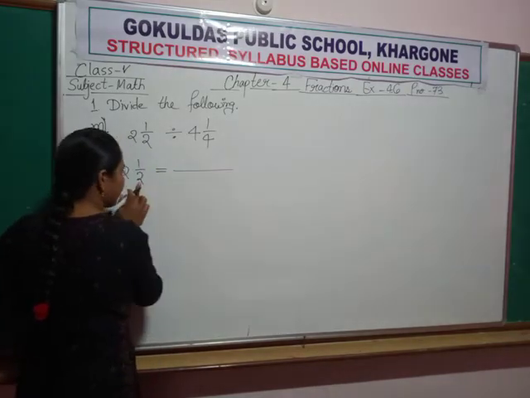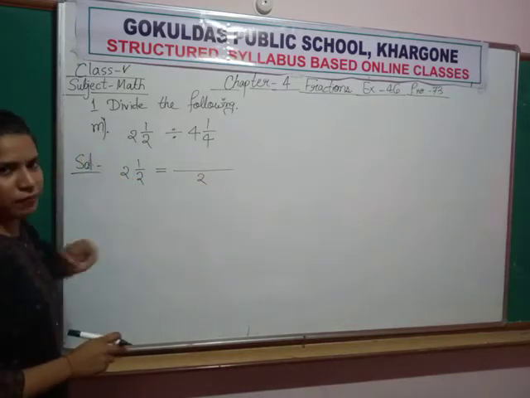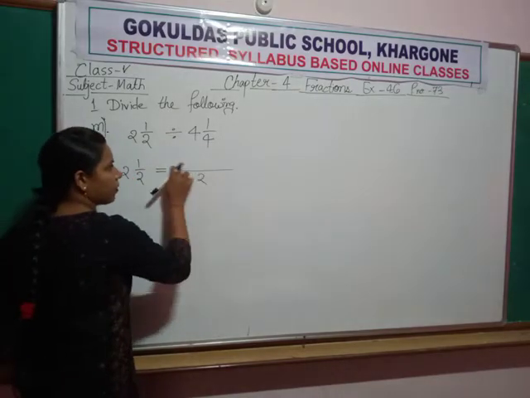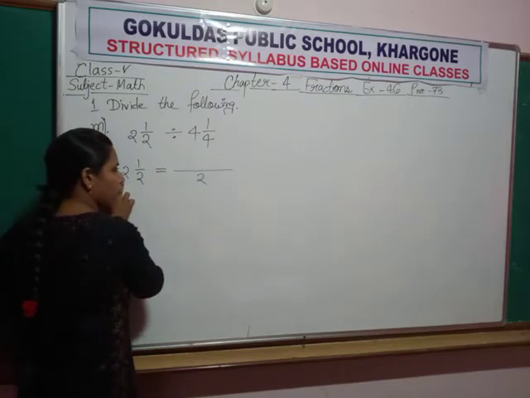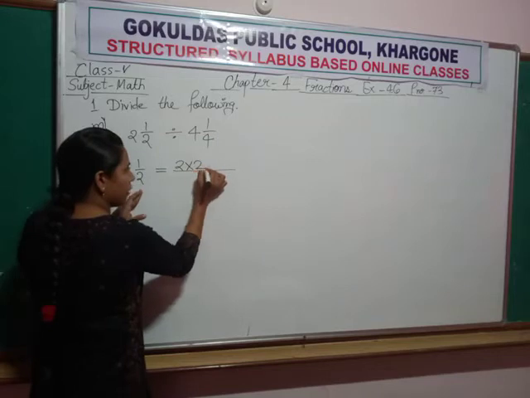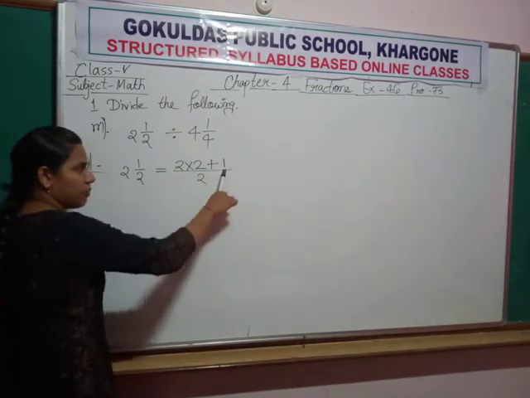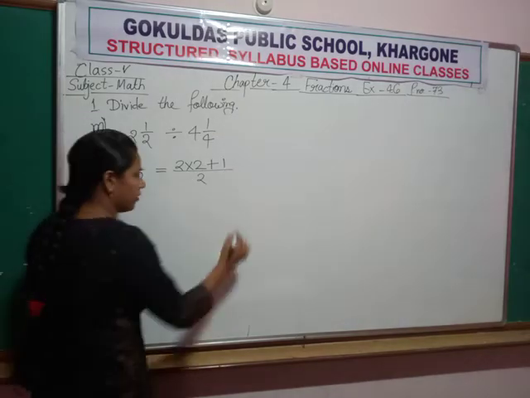How we convert? We write denominator at denominator place. Here denominator is 2. So I am writing 2 here. In numerator part, what we do? We multiply whole number with denominator. Whole number is 2. Multiply with denominator. Okay? And we add numerator. Numerator is 1. So I am adding 1.